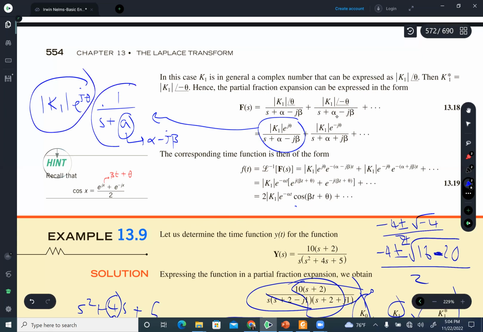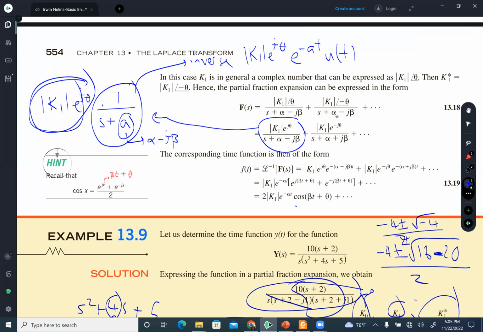And the inverse Laplace transform of that is e to the minus at, times u of t. So when you find the inverse of this guy, you're going to get e to the minus at u of t, and then you have this constant in front, so that's the magnitude of K1 e to the j theta, right?